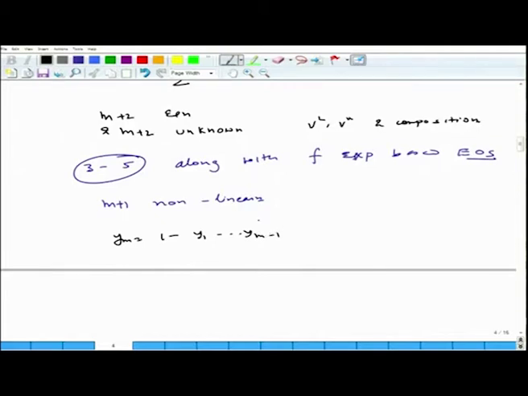With this expression, if you plug it in, you get m plus 1 equations with m plus 1 unknowns. But these are all non-linear equations.